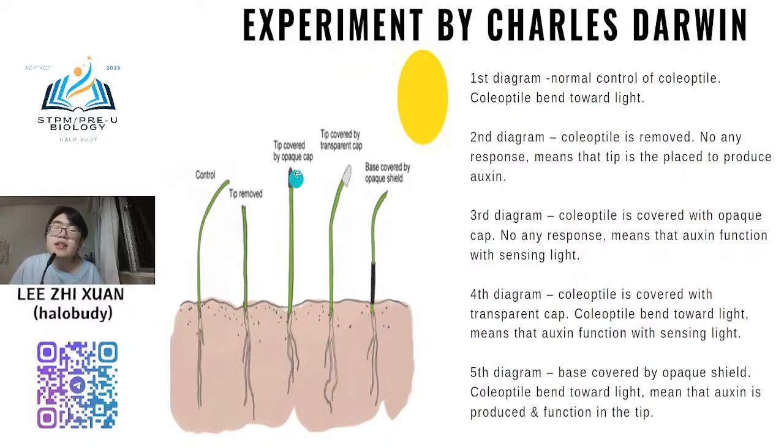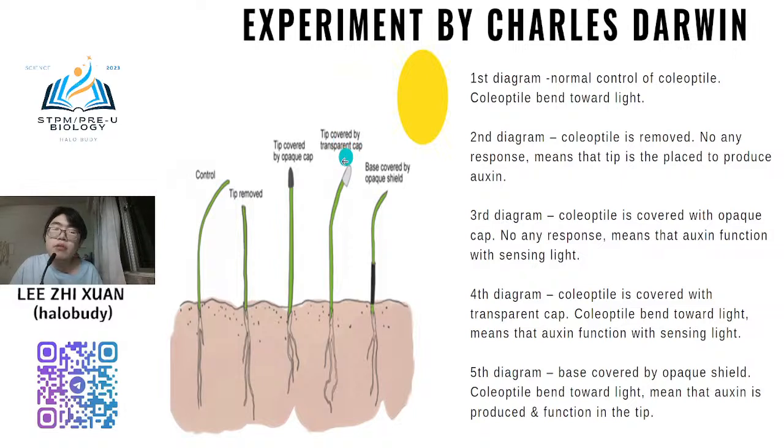So since there is no sunlight there, there will be no response, because auxin only responds when it is sensitive to light. So if there is no light response, the shoot also cannot grow.